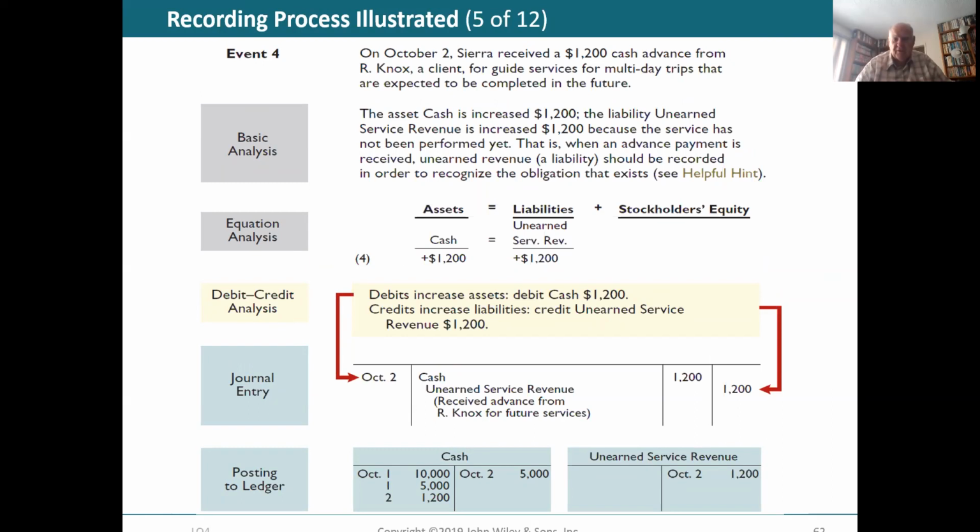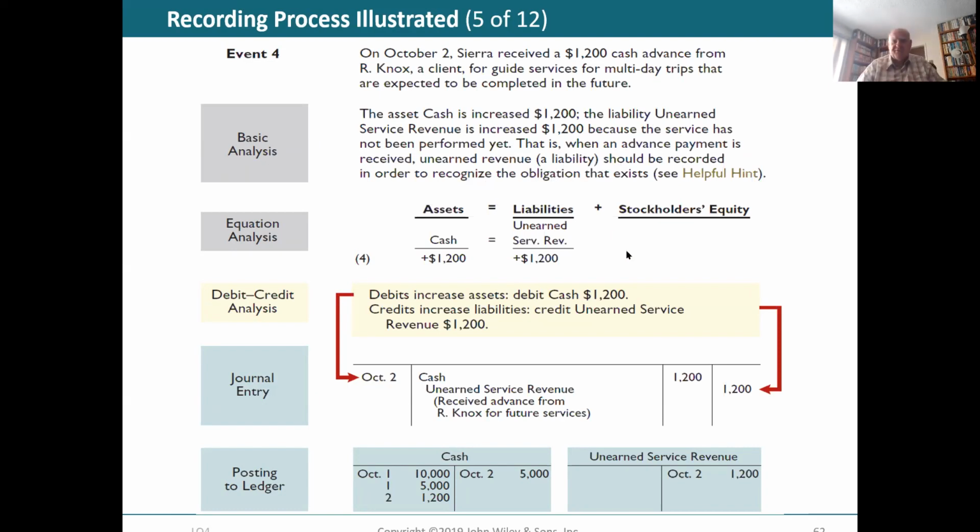I'm going to talk about the unearned revenue again. Knox received $1,200 in advance. The asset cash is increased 1,200. The liability, unearned revenue, is increased because the service has not been performed yet. That is, when an advance payment is received, unearned revenue is a liability that should be recorded in order to record the obligation that exists here.